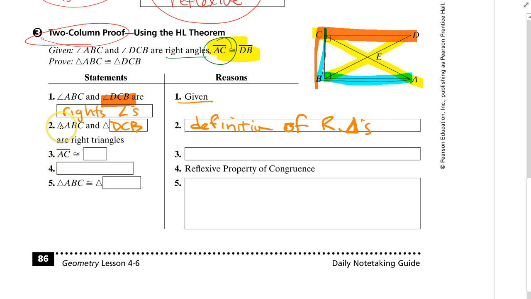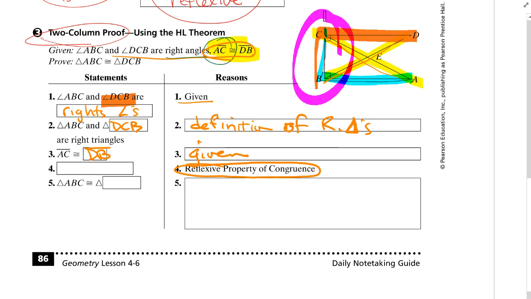Now, what else do we need to say? AC is congruent to the other hypotenuse, DB. And why do we say that? Because they told us at the beginning. So we say given. Number 4, we don't know what to write, but the reason is reflexive property. Yay, jackpot. So what could we mean here? What statement do we need to make? BC congruent to CB.